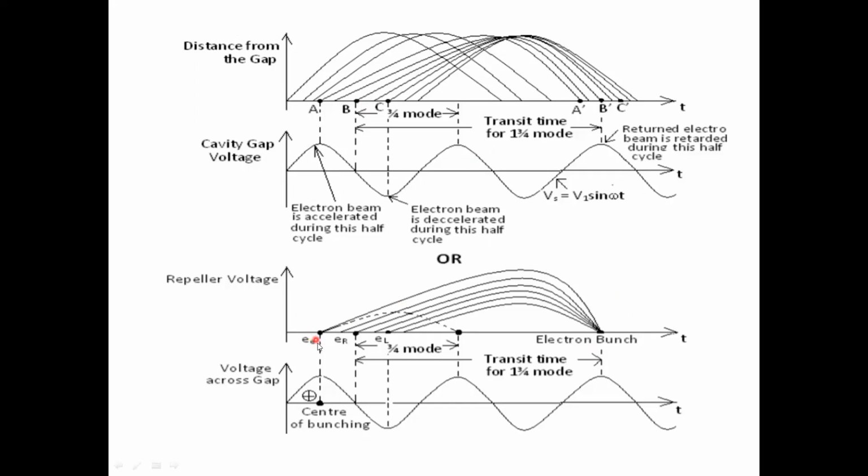Similarly, the early electron, reference electron and late electrons are participating in the velocity modulation. By this velocity modulation, all these electrons are trying to reach or form an electron bunch.